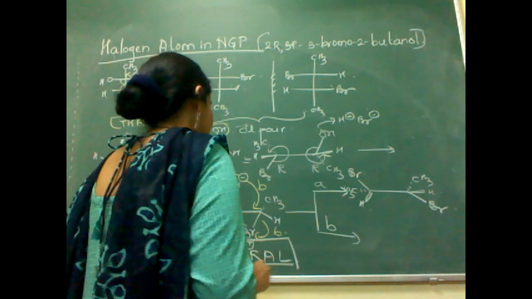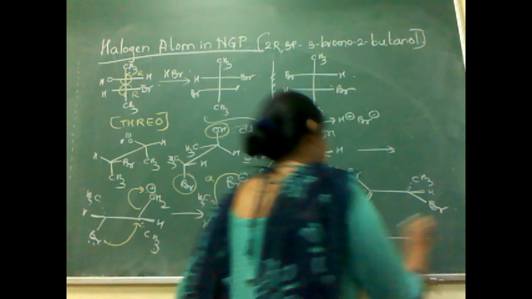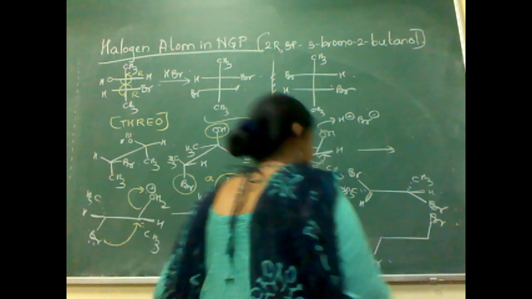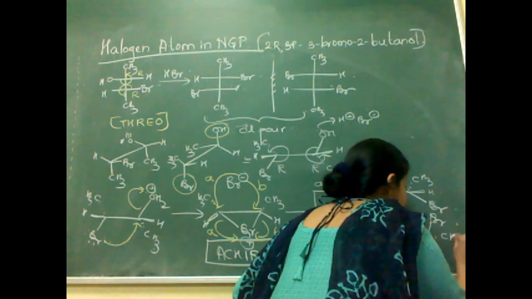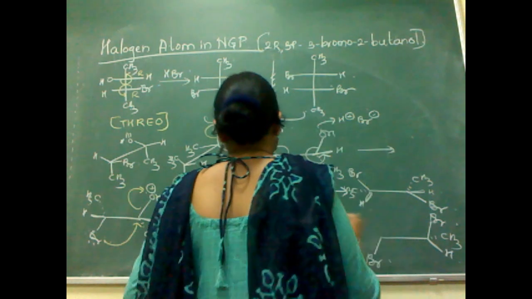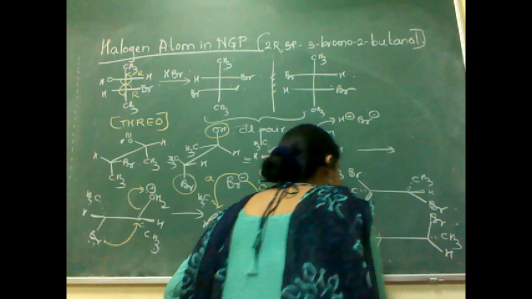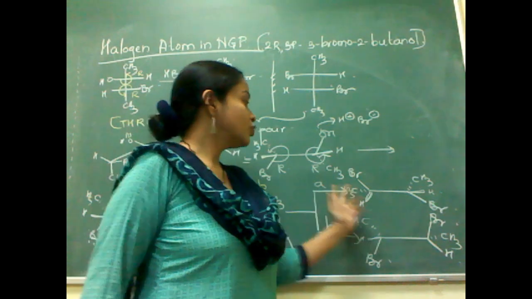Then through pathway B, you have this bromo group which causes the ring opening. Then CH3, you have this hydrogen, then this hydrogen beta and this methyl group. Okay. One way is you obtain this.